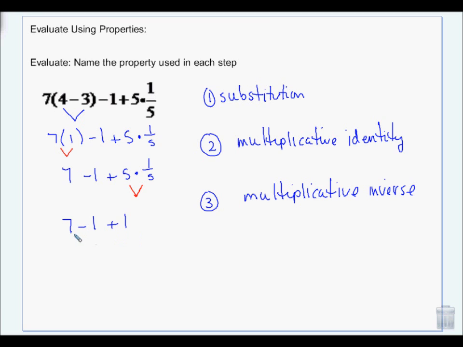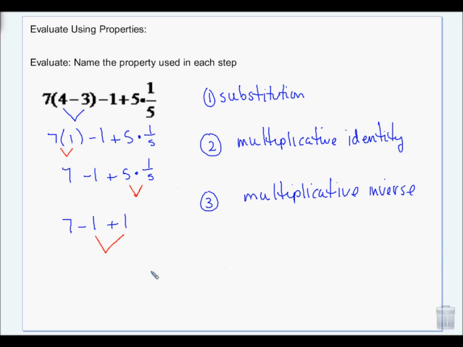Now I can do 7 minus 1 and then plus 1, but what happens when I do minus 1 and plus 1? Negative 1 and a positive 1, what happens if I add those together? I get a 0, right?